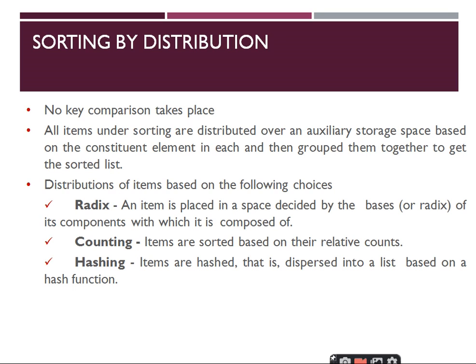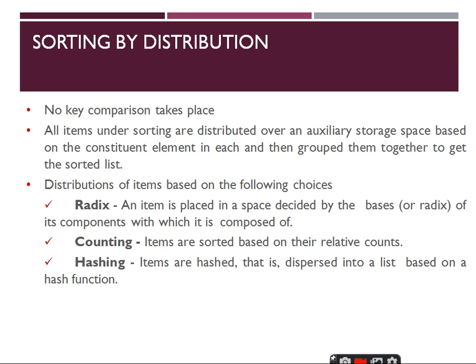There is another mechanism which is known as sorting by distribution. Now here no key comparison takes place. We're not going to compare the keys or the items. All items under sorting are distributed over an auxiliary storage space based on the constituent element in each, and then grouped together to get the sorted list. The distribution of items is based on the following choices.